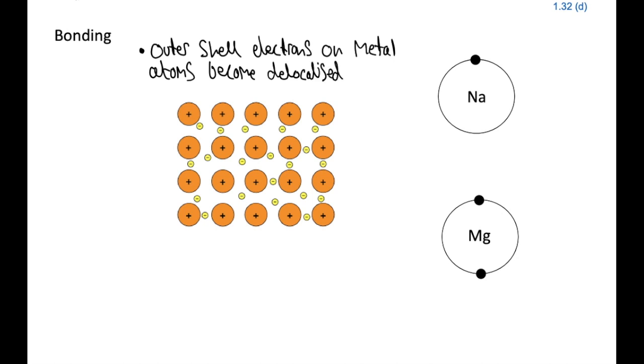And of course, we know that when an atom loses electrons, it forms an ion. So all the metal atoms lose these electrons and become positive ions. And from here, what happens is there is a strong electrostatic force of attraction between the delocalized electrons, which have left the atom, and the positive ions which have formed.